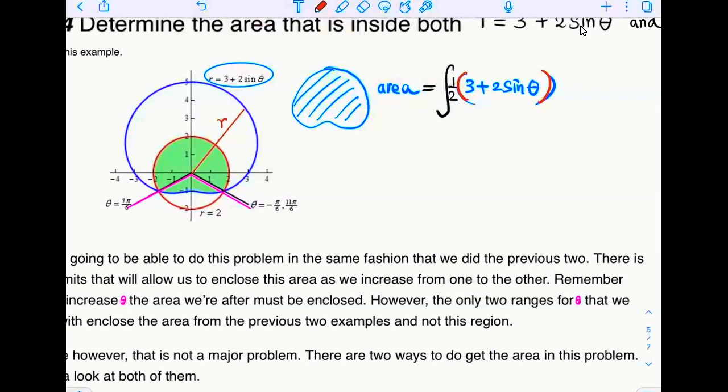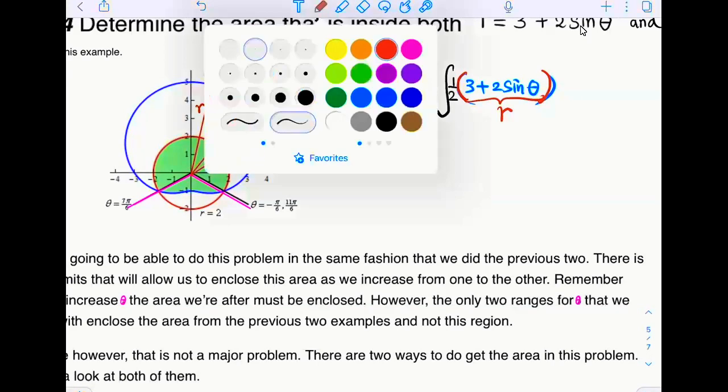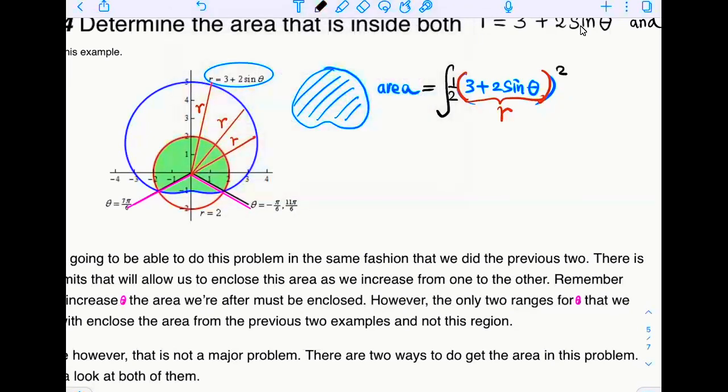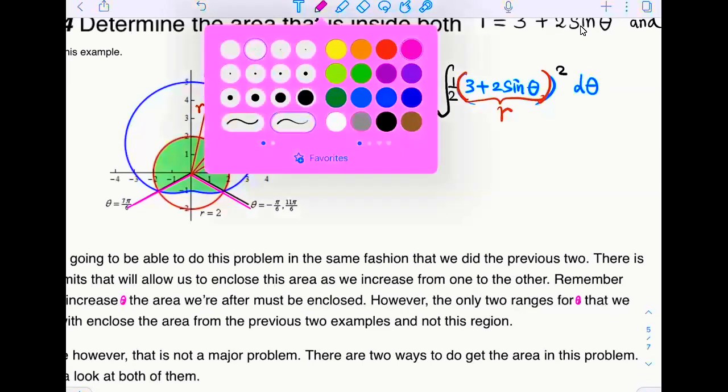The R is changing for that lemon shape. You square this, and then you put d theta.